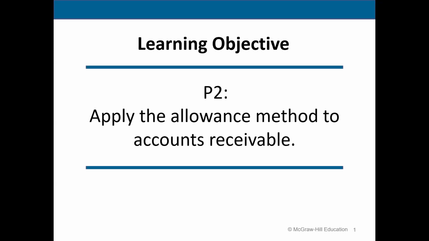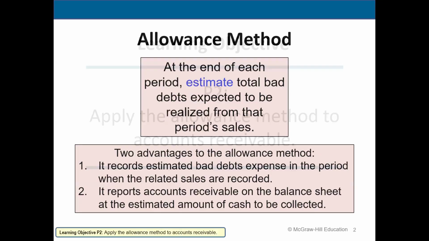If we're not going to collect all of that money, we have to record an expense to go with it so that expense is in the same period as the revenue. That's the matching concept. So what we're going to do is estimate the amount of the accounts receivable that won't be collectible. And we're going to call that bad debts.